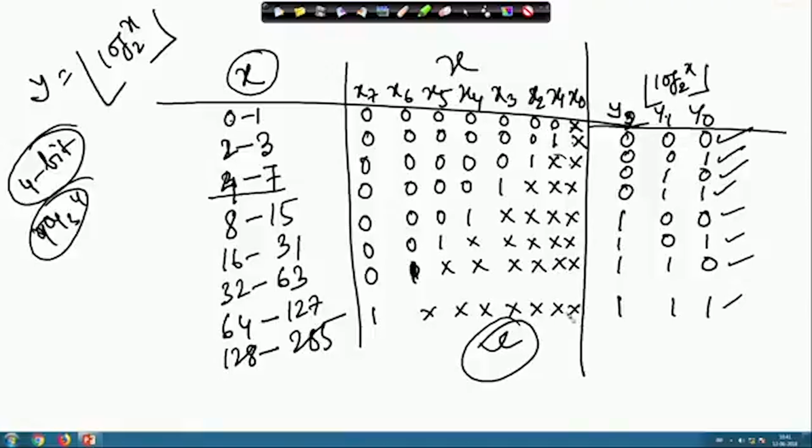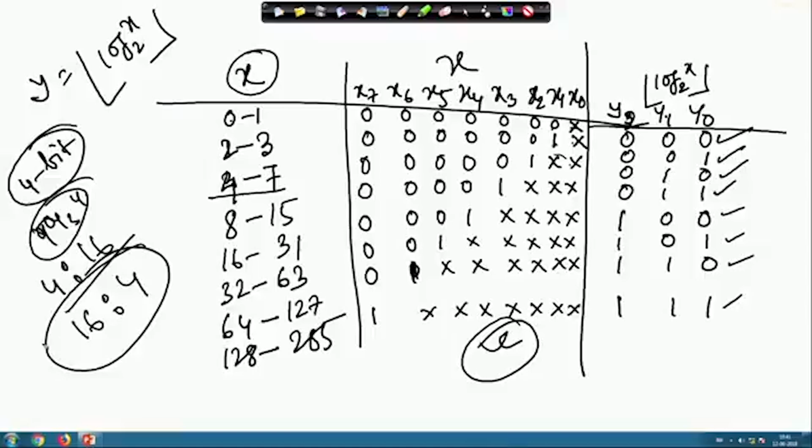For a decoder circuit, it was 4 to 16. In an encoder, it will encode from 16 to 4.